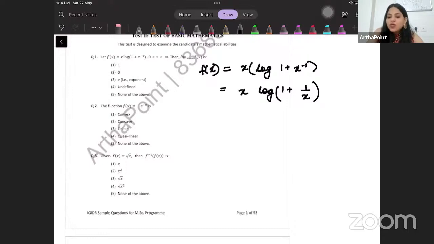Okay, can I bring this x in the denominator? I can do that also. So I can write this as log(1 + 1/x) upon 1/x. You can write it this way also. This is coming in the denominator, so it can get reciprocated and go back into the numerator.